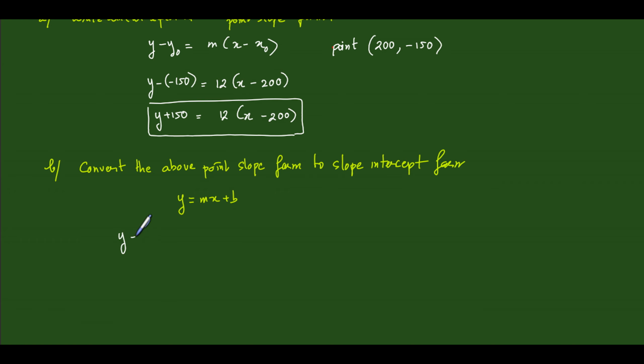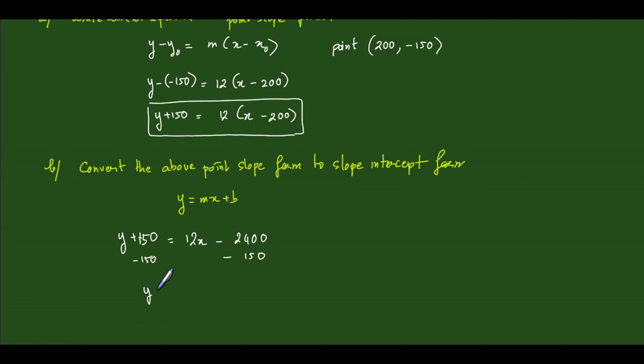Because we have parentheses here, every time you have parentheses, you want to expand them. It means you have to distribute. 12 times 200 is 2400. Then you subtract both sides by 150.